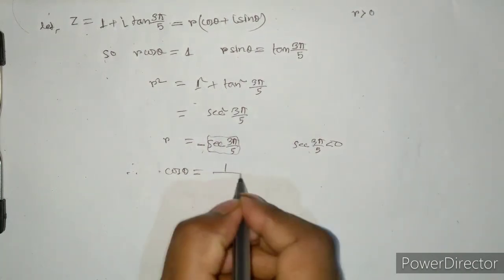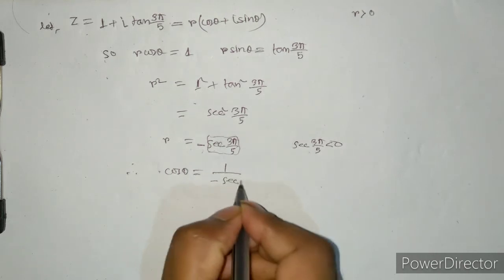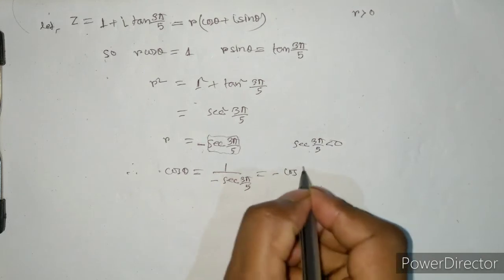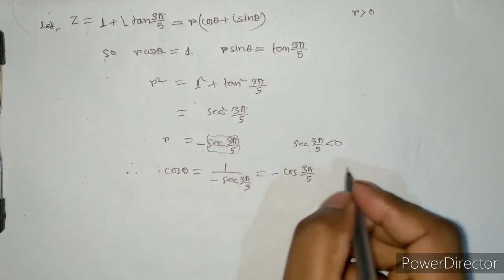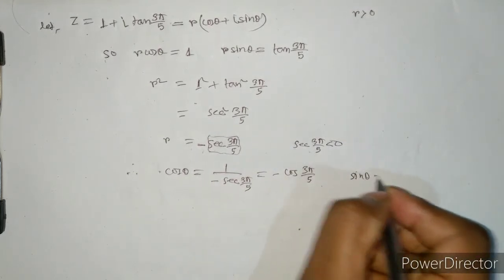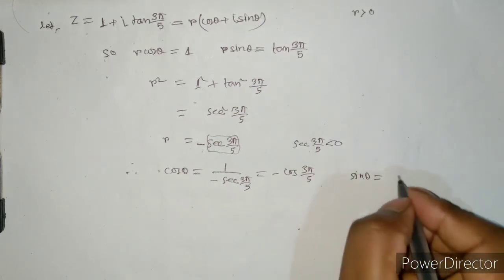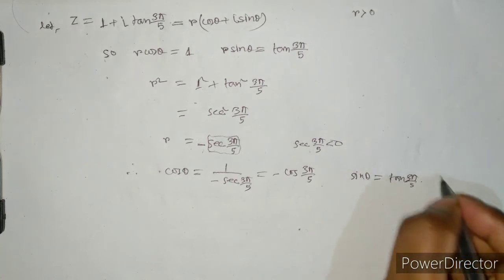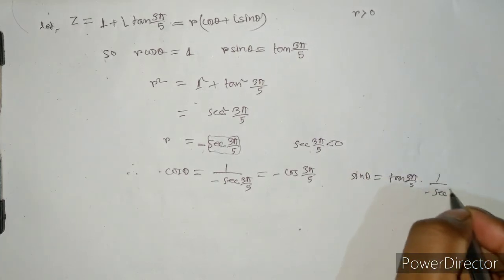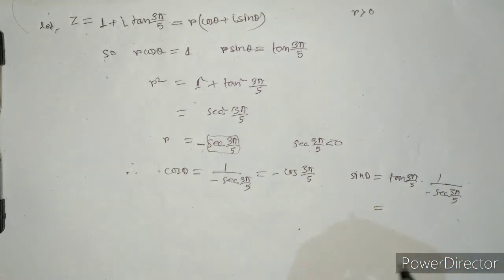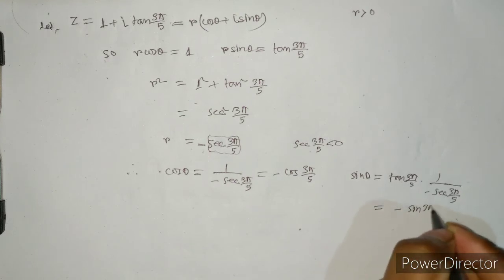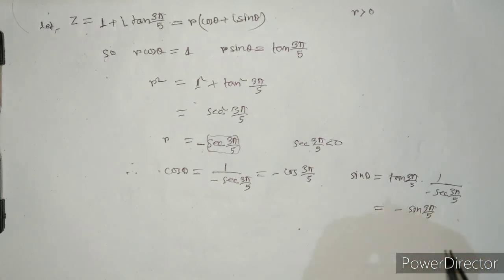Therefore cos theta equals 1 by minus sec 3 pi by 5, that is minus cos 3 pi by 5, and sin theta equals tan 3 pi by 5 by minus sec 3 pi by 5, which equals minus sin 3 pi by 5.